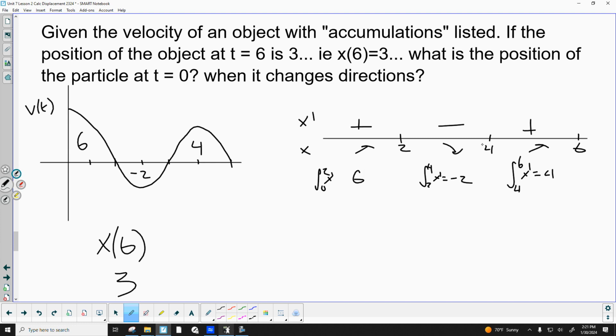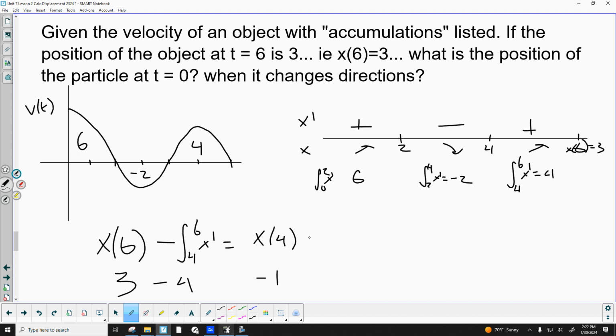I have to come from a position where blank plus 4 equals 3. I must come from a position of -1. So you have your position, you're going to have to subtract your displacement. You're going to have to subtract your change. And now you have your position at time 4. So 3 minus 4, I got my position at time 4 is -1.